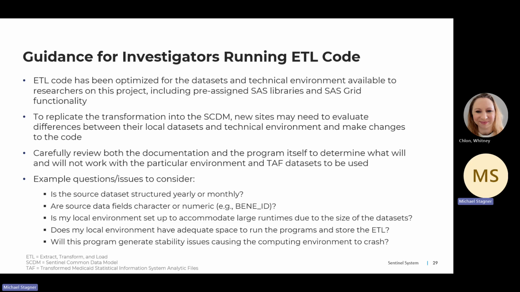And so some modifications may be required to run the code, because the libraries may not have the exact same name. You may not have access to grid functionality in which you can run multiple remote sessions at the same time. So these are all things to keep in mind if you'd like to run the code.